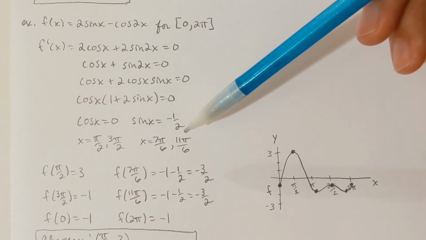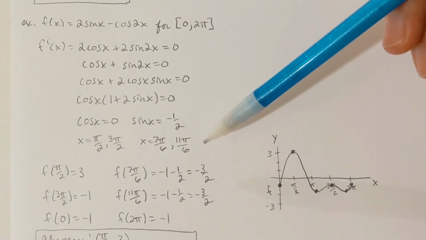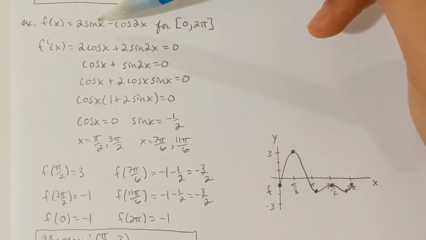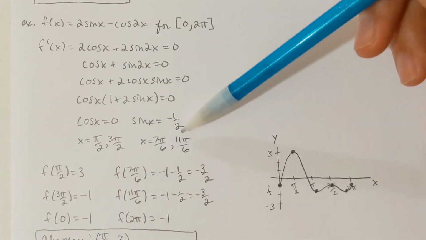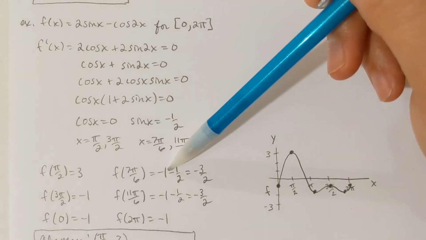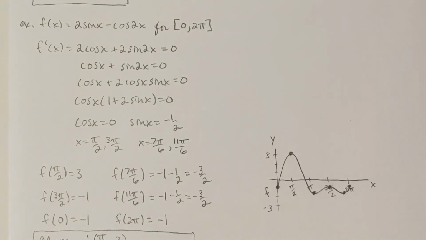Therefore, cosine of 7 pi over 3 would also be 1/2. So -1/2 times 2 is -1, and then minus 1/2 gives me -3/2.